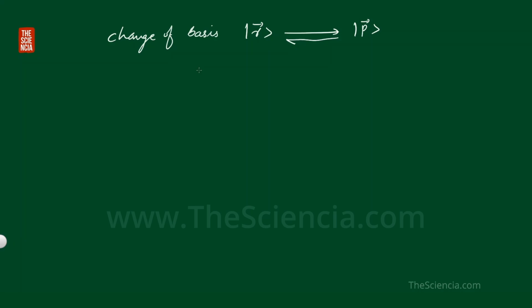Now, how can we interchange the basis? The mathematical tool is integral transform. By integral transform, we can change the basis. And what is the integral transform? I tell you one general expression, that is F(s) is equal to integral a to b f(x) K dx.